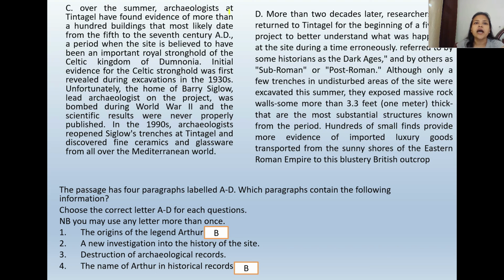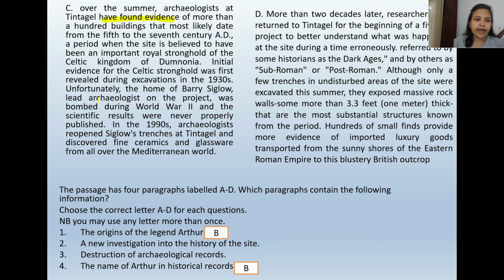Okay, let's do another one. Over the summer, archaeologists at Tintagel have found evidence of more than 100 buildings that most likely date from the 5th to 7th century, a period when the site is believed to have been an important royal stronghold of the Celtic kingdom of Dumnonia. Initial evidence for the Celtic stronghold was first revealed during excavations in the 1930s.